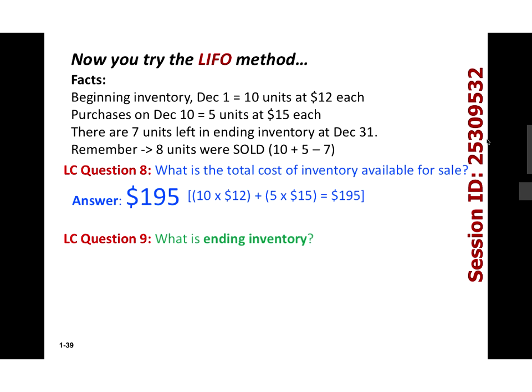$12. Okay, before I put this question up, when we're doing the ending inventory, it's 7 units left in ending inventory times the $12 cost from beginning inventory, okay? So it's going to be 7 times 12.